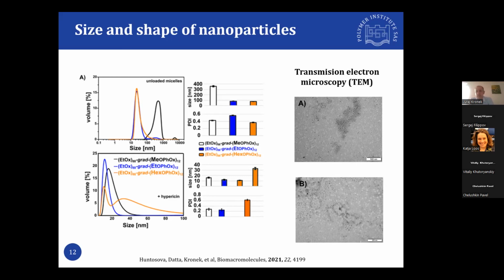From them you can see aggregation of smaller particles, which leads to enhancement of the size of the aggregates. After loading of hypericin, the average size was between 10 and 40 nanometers.